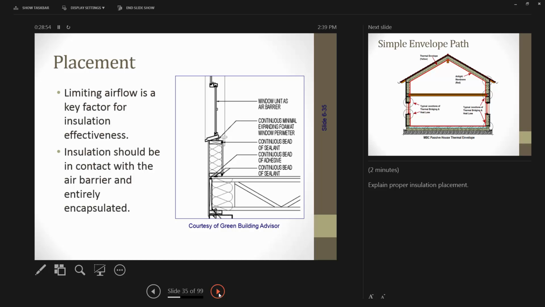So again, in a cavity wall situation, limiting airflow in that thermal envelope is critical. And the most effective way to do that is to make sure that your insulation is in contact with your air barrier.